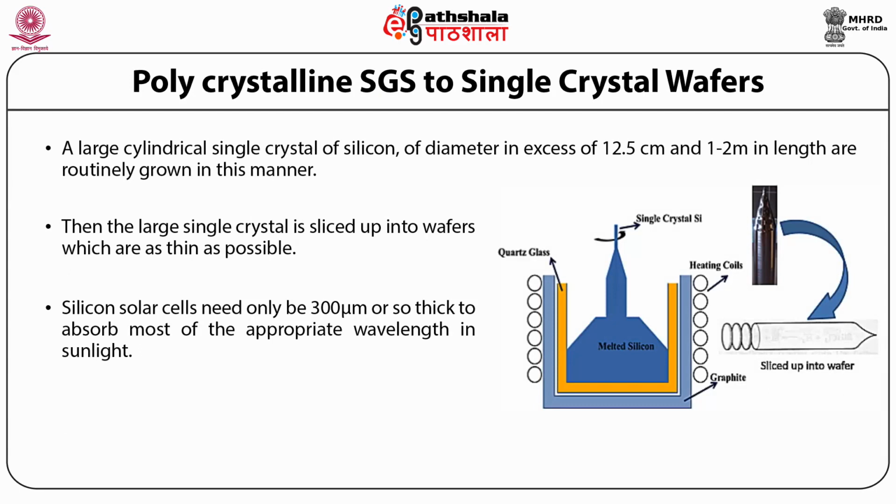These large cylindrical silicon single crystals of size about 12.5 centimeters in diameter and 1 to 2 meter in length are removed from the furnace and later cut carefully using the diamond cutter to avoid any wastages into the thin wafers of about 0.2 to 0.5 mm thick.